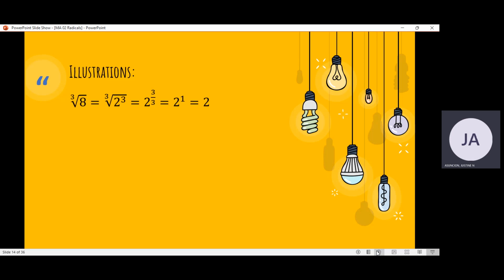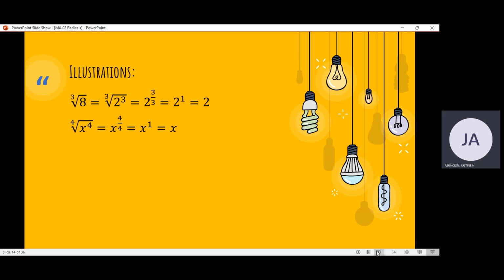It can be expressed as the cube root of 2 cubed. Again, the exponent of the radicand is 3 and our index or order is 3, which is our denominator. Simplifying that, that is 2 raised to 1, which is 2.